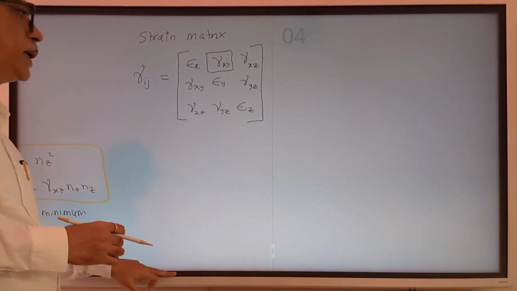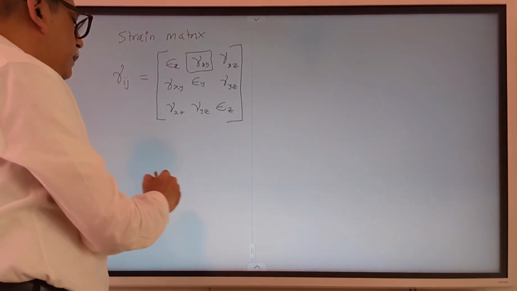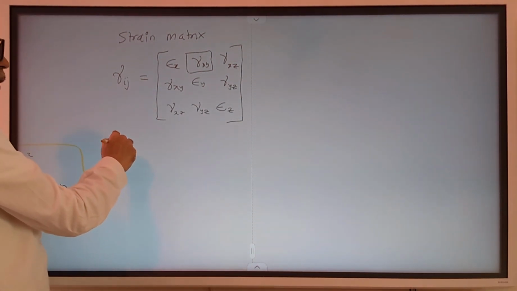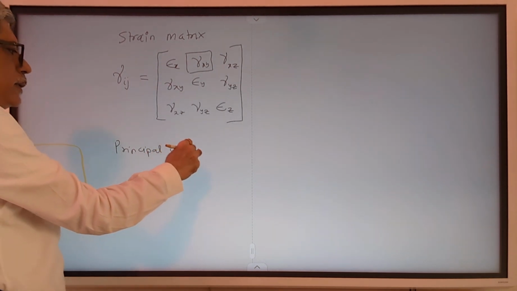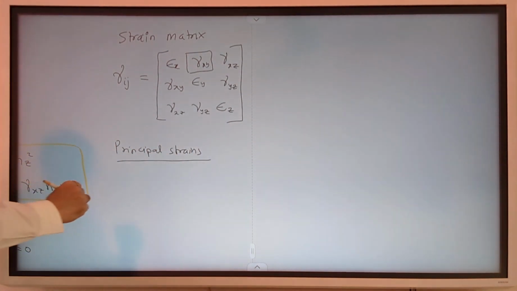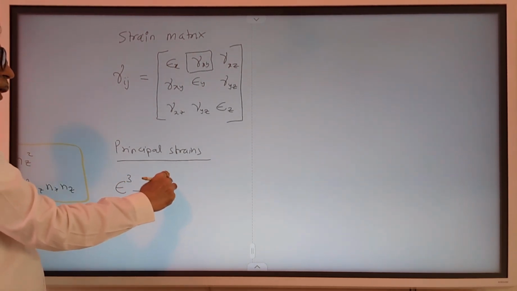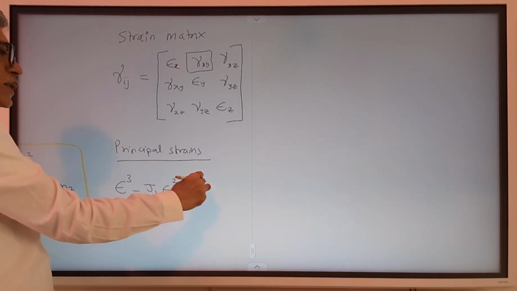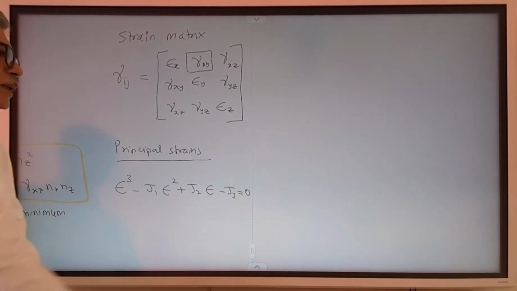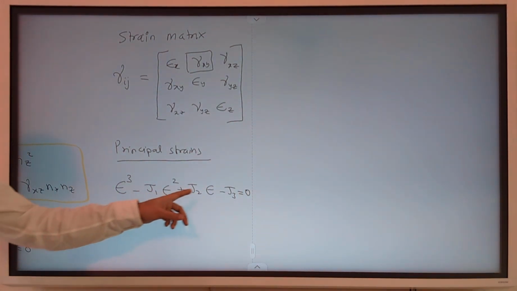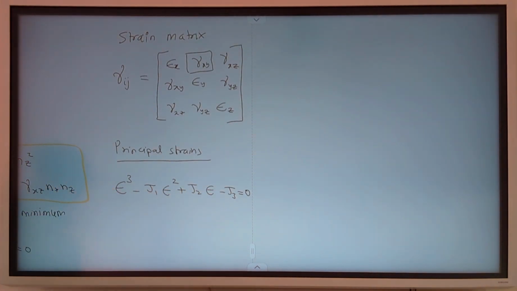If you remember the stress formulation, the strain formulation becomes simple. So for calculating the principal strain, you have to get the roots of the cubic equation, which is epsilon cube minus J1 epsilon square plus J2 epsilon minus J3 equal to 0. In the same way, instead of I1, I2, I3, we have here J1, J2, J3.